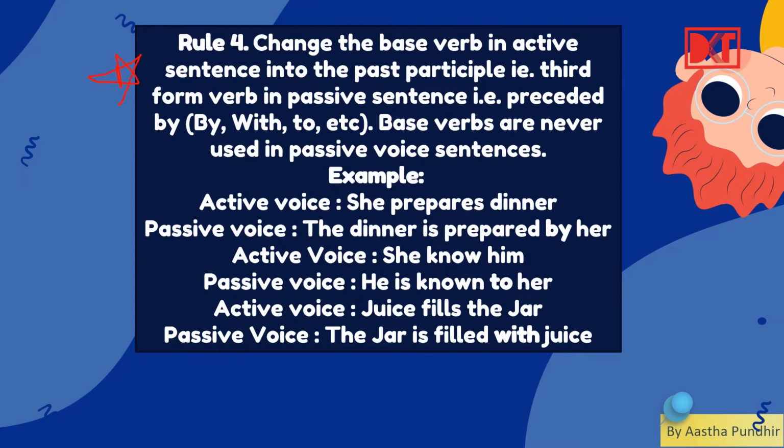You star mark this slide. Change the base verb in the active sentence into the past participle, meaning third form of the verb in passive sentence, and it has to be preceded by by, with or to. So any of these words will come. And base verbs are never used in passive voice sentences.